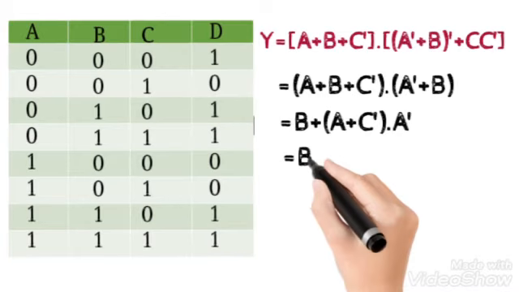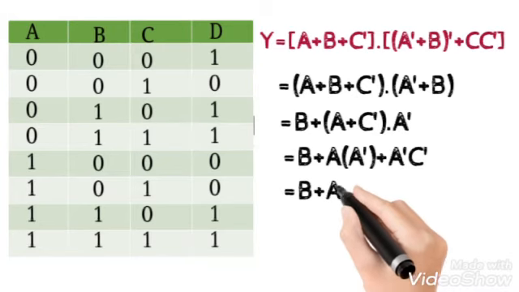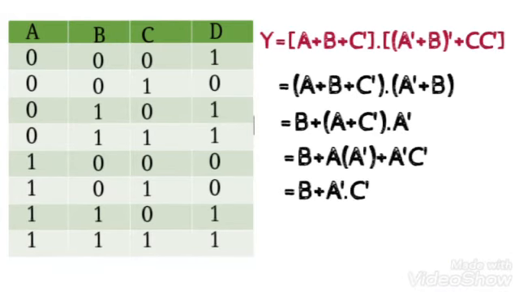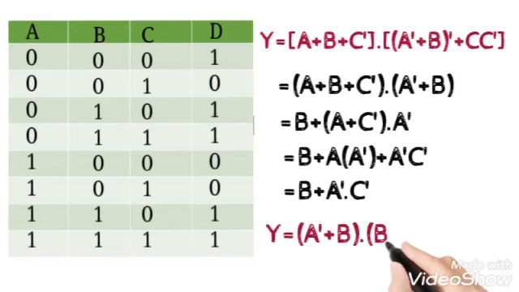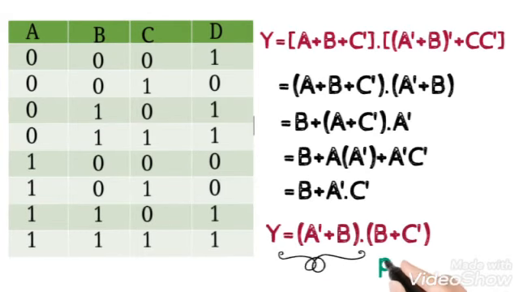We get B plus A plus C bar into A bar, and again multiply A bar with A plus C bar. We finally get y is equal to A bar plus B into B plus C bar. This is called POS form.